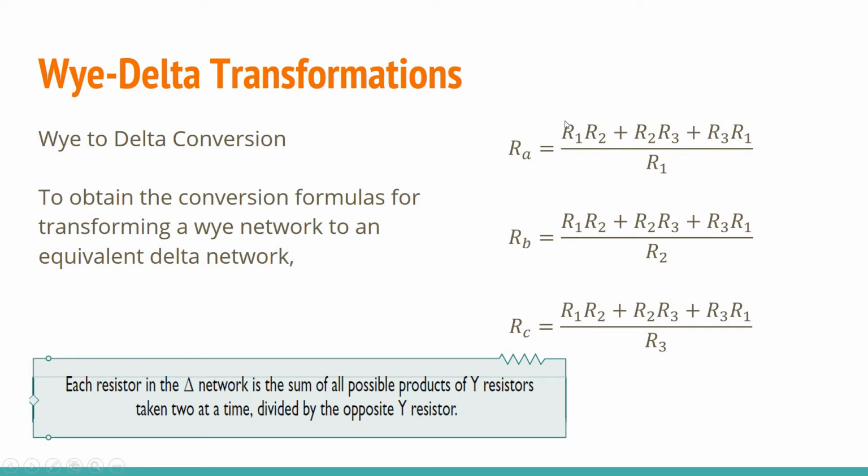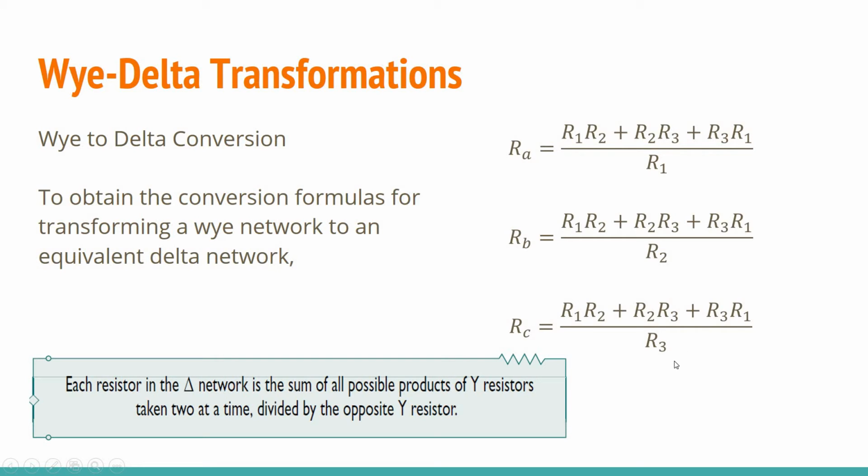Product of R1 and R2 plus the product of R2 and R3 plus the product of R3 and R1. Magkalahi lang ang denominator. So, R1 sa RA, denominator is R1. Sa RB, ang denominator is R2. So, RC, ang denominator is R3.